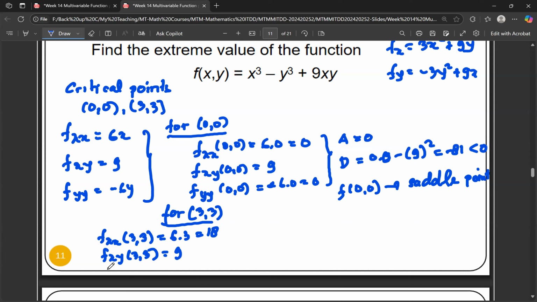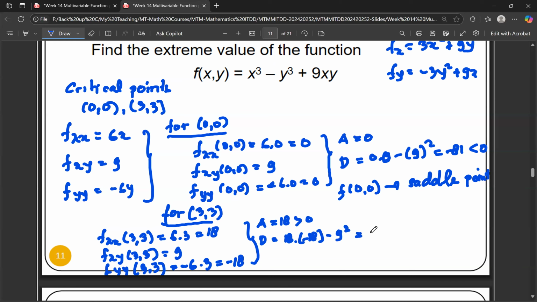So f_yy(3, 3) will be minus 6 times 3, we have minus 18. So from here we have A is equal to 18. This is positive, and D will be 18 times minus 18 minus 9 squared.